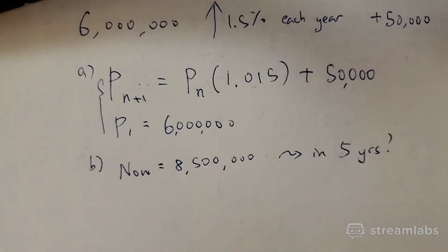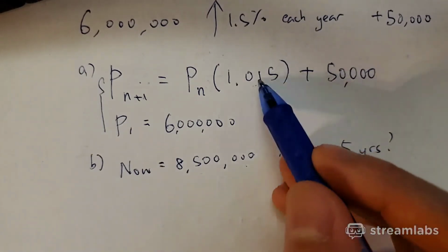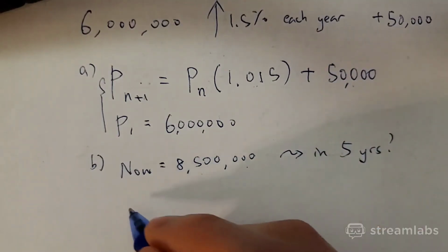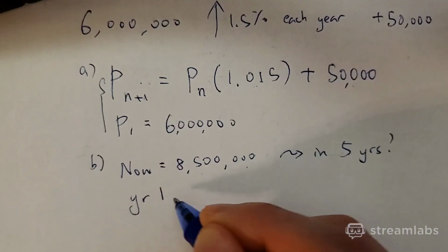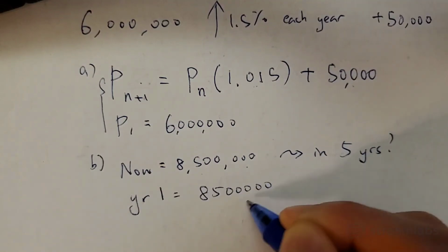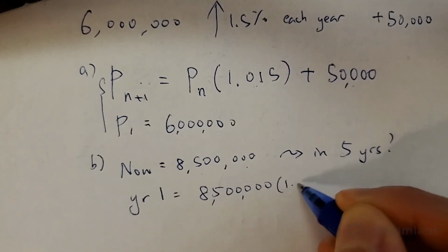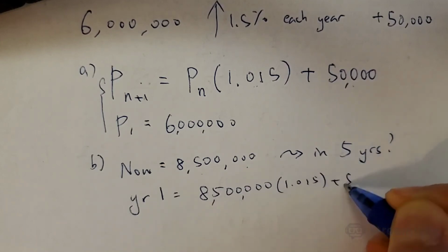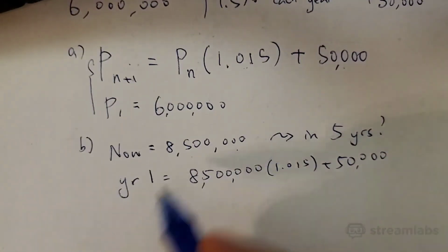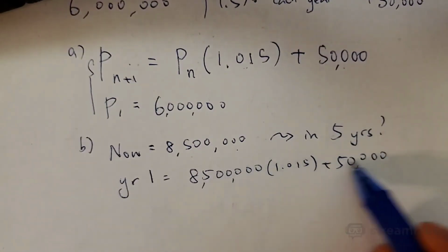Does that make sense? You multiply this by that plus 50,000 to get the next one. So for year 1, you'll get 8,500,000 times 1.015 plus 50,000, like this. That's what you get for year 1. Multiply this out, add this.